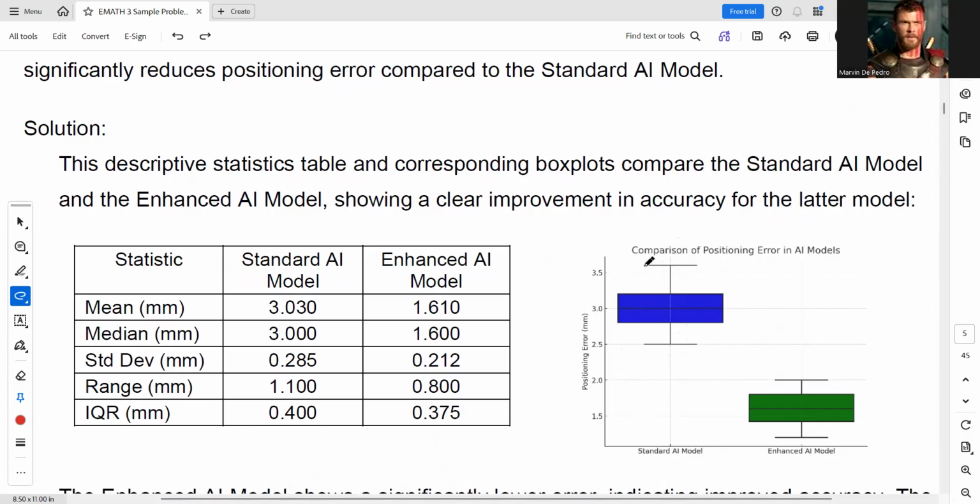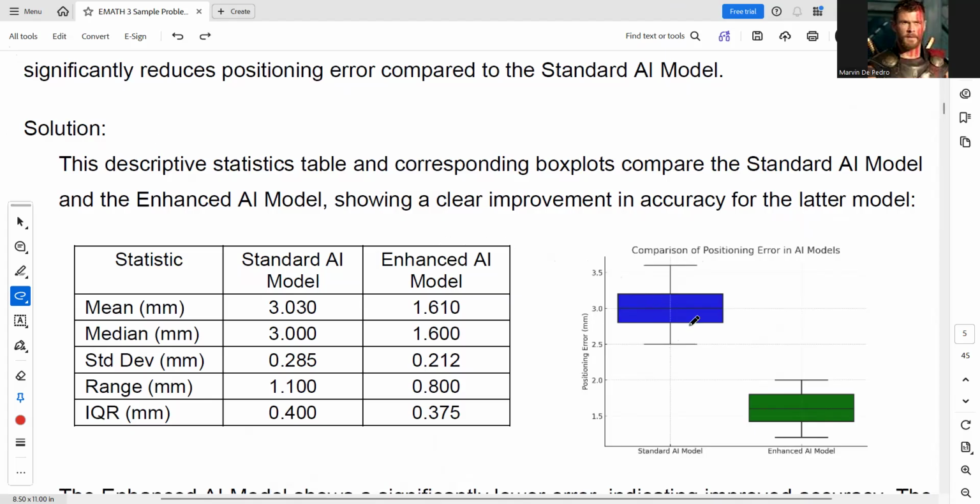Outliers are the ones exceeding these limits. In this case, we don't have outliers. And if we are asked whether there's a clear improvement, as you can see, there is, because we are measuring errors, by the way, and we want the errors to be as small as possible.